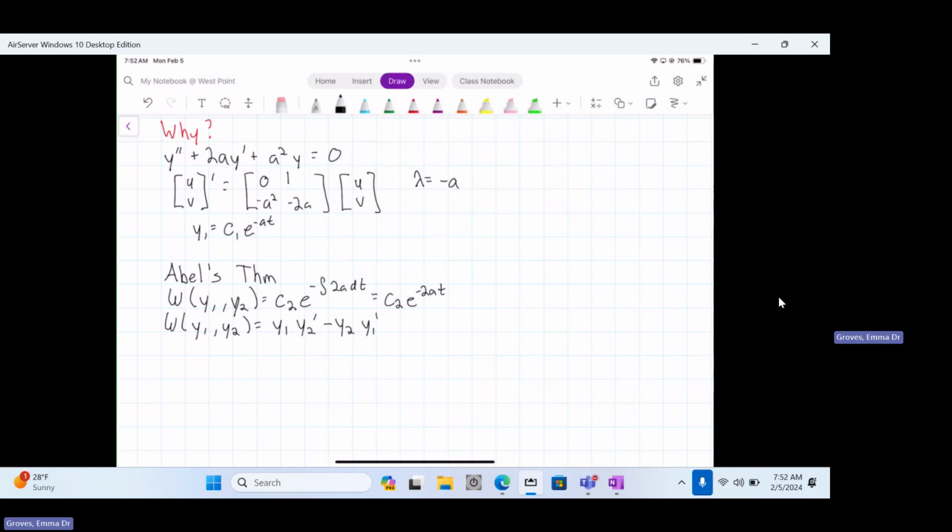So plugging and chugging a little bit, I've got c1 e to the negative at, because that's my y1, y2 prime minus, and then y1 prime is going to be a negative c1, so plus c1 a e to the negative at y2. That's going to equal c2 e to the negative 2at.